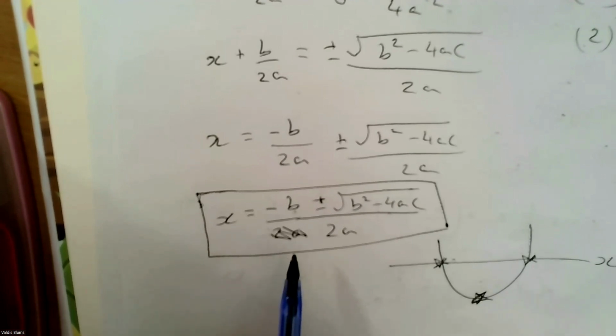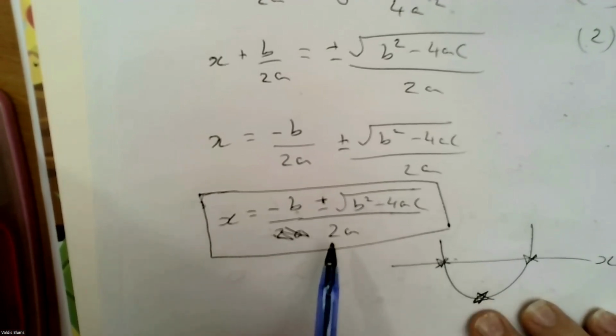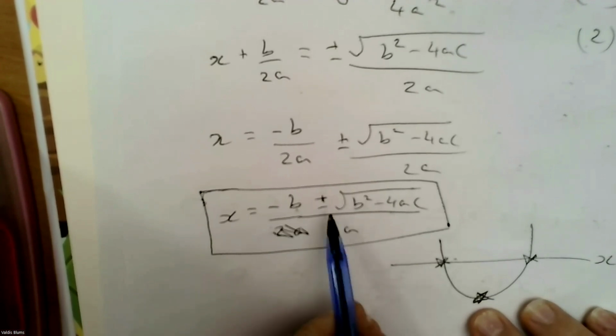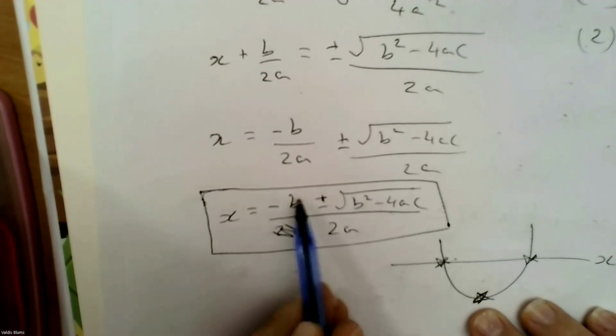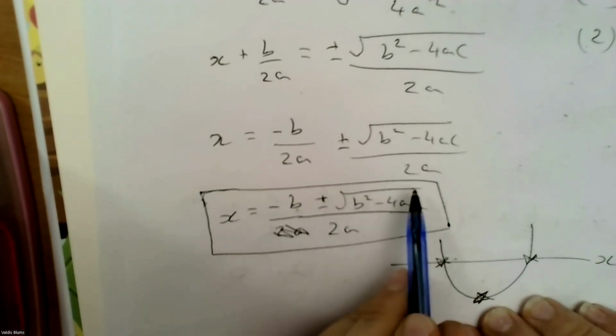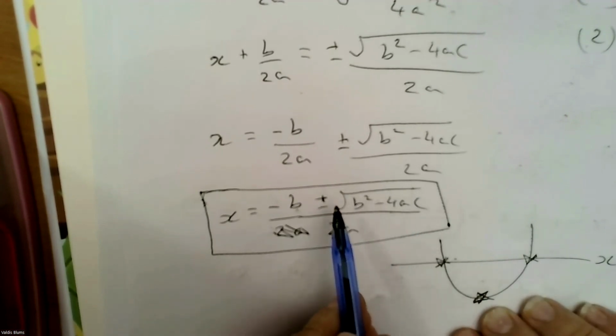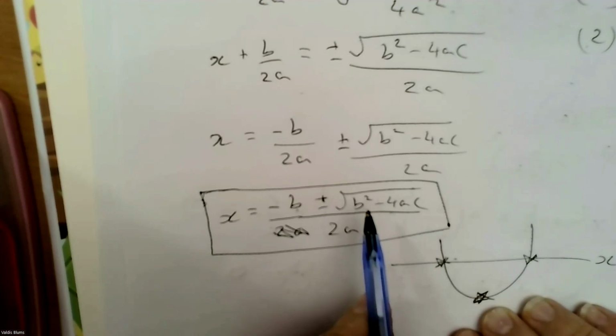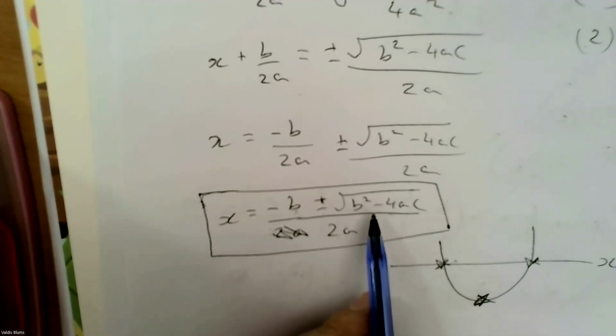Now, one other thing worth noting before we actually dive into the question is that because you have a chunk of stuff plus minus another chunk of stuff, this square root chunk is called the discriminant. And so this tells you how many intercepts your graph is going to have with that x-axis.